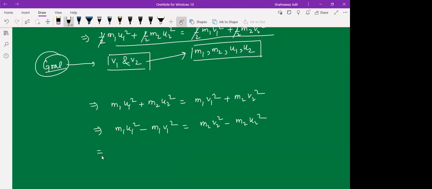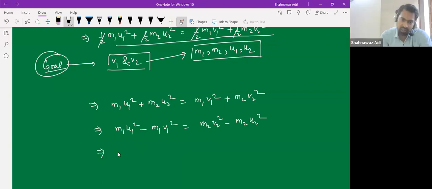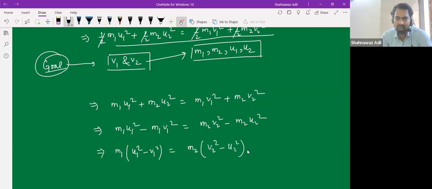So, sir, if I take m1 common, this would be u1 square minus v1 square. And then if I take m2 common from here, this would be v2 square minus u2 square, right?